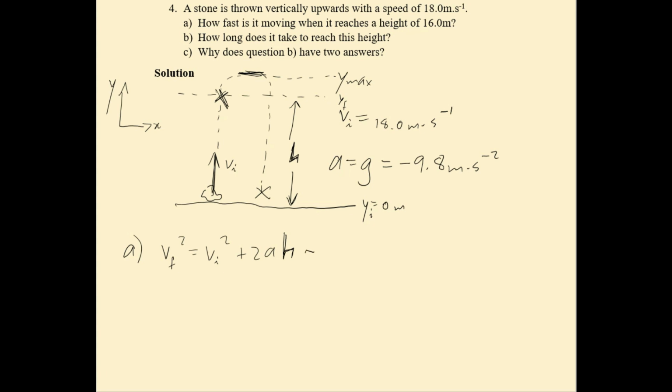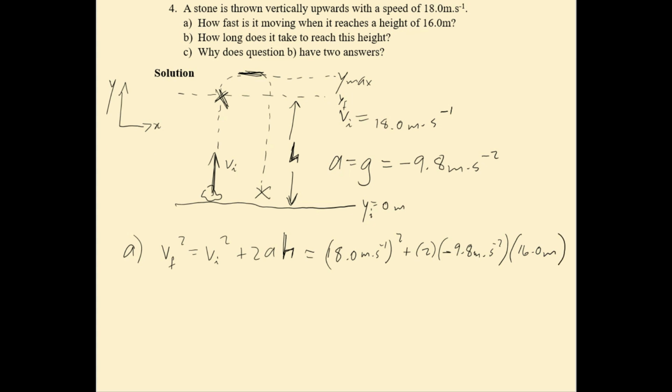So the initial velocity is 18 meters per second, squared, plus 2. Now remember, a is negative 9.8 meters per second squared, and the height is 16 meters.